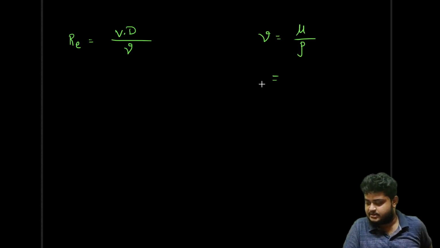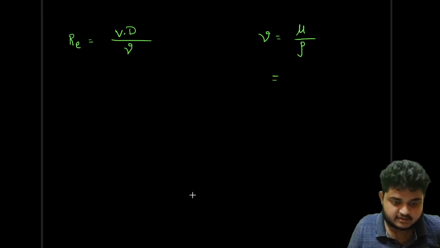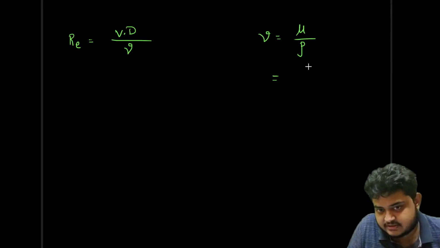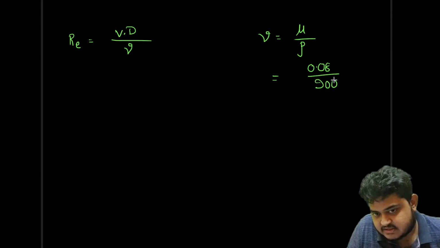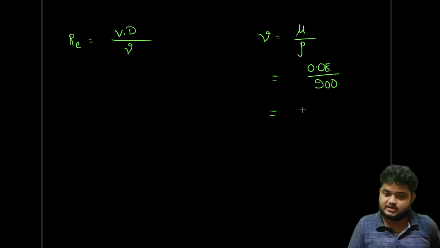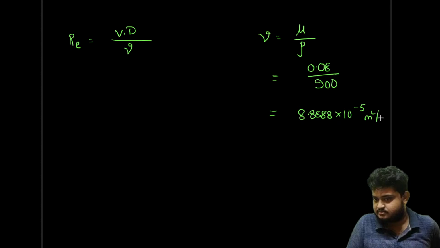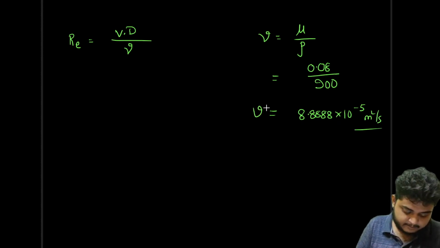The dynamic viscosity is given as 0.08, and rho is given as 900. So it will come out as 8.8888 into 10 to the power minus 5 meters square per second. So we have the kinematic viscosity with us.